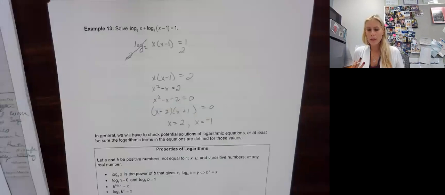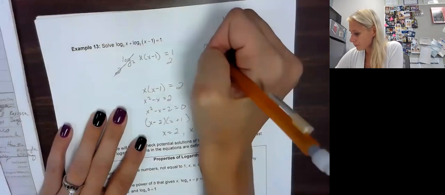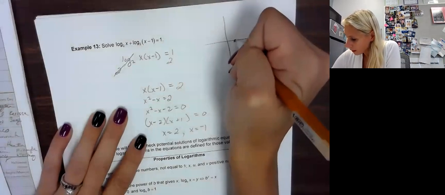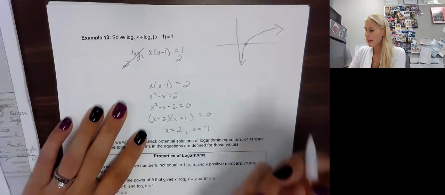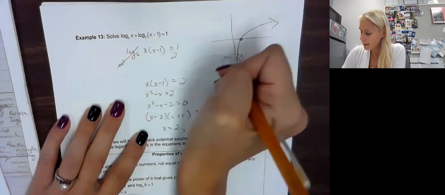Well, let's think about some things about ln, right? Or log and ln. Let's look at the graph of our normal ln and log. What can it never be? It can never be negative, and it can never be 0.